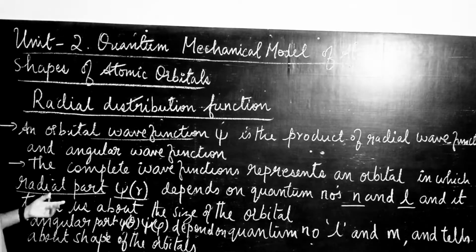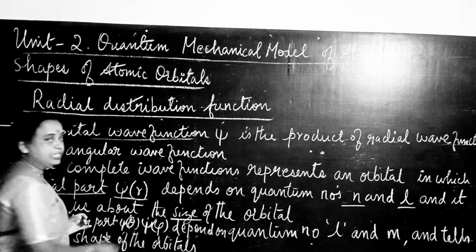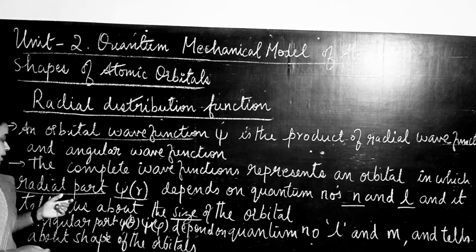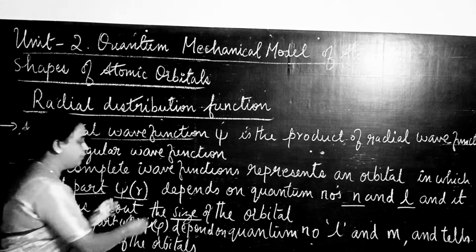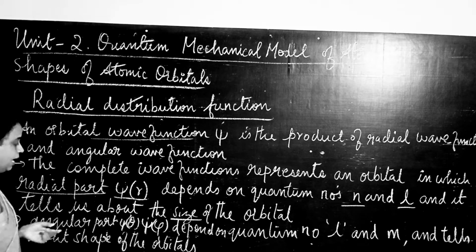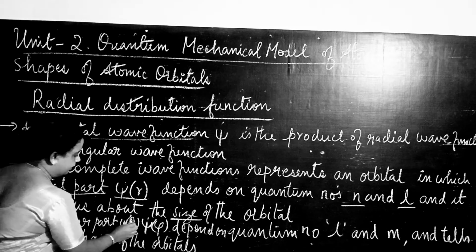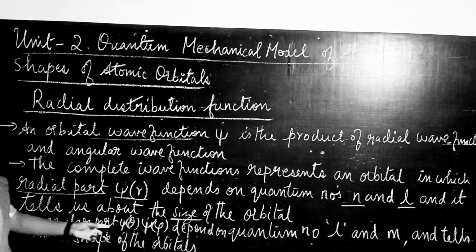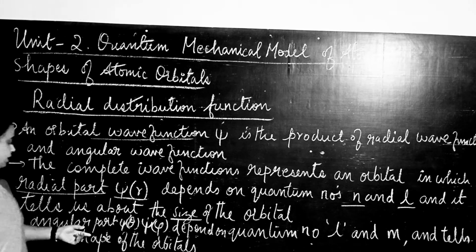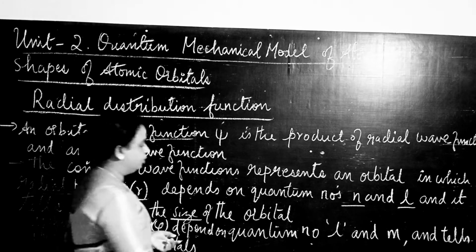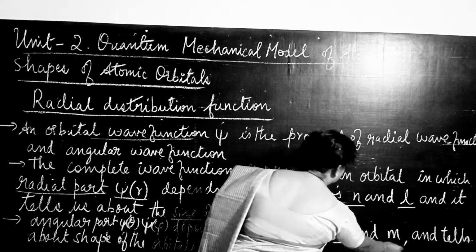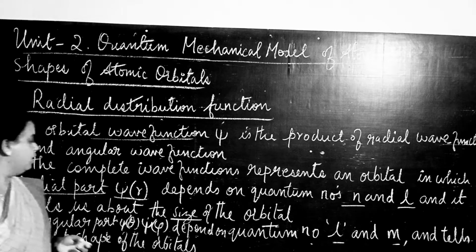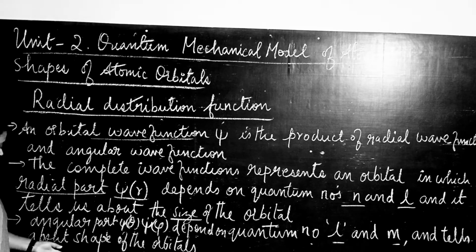This radial part always gives us information about the size of the orbital, whereas the angular part, that is psi theta and psi phi, depends on the azimuthal quantum number and the magnetic quantum number. This angular part of the wave function always tells us the shape of the orbital.